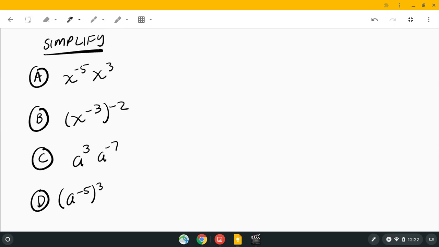All right, so let's do this first one here. Here we are taking the product of like bases, so we can add the exponents. So x to the negative 5 plus 3 will give us x to the negative 2, but we don't want to end with negative exponents, so we will go ahead and take the reciprocal.